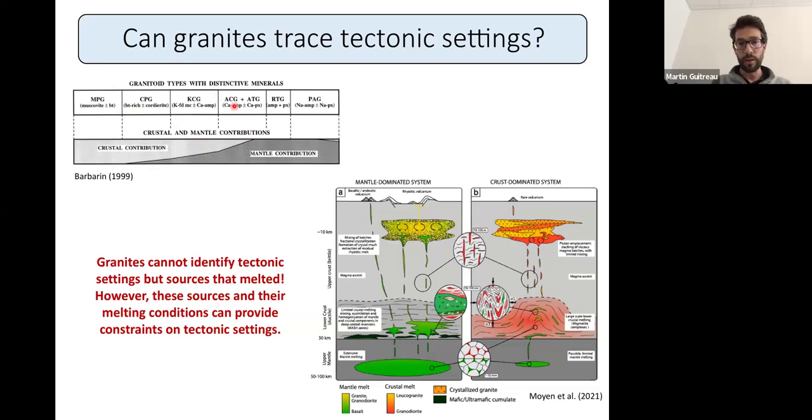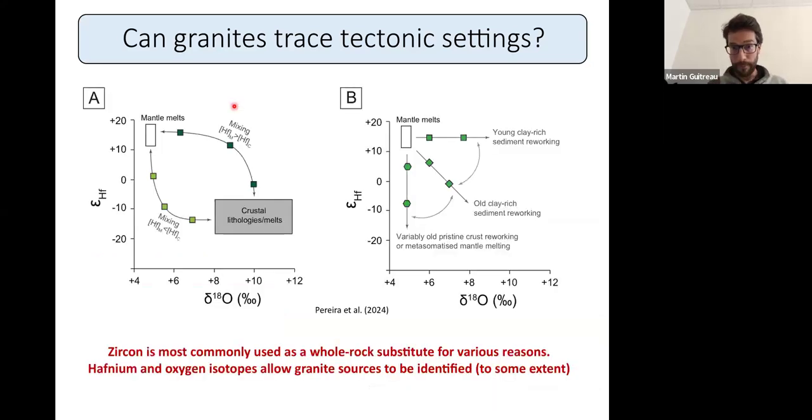And so this is what is usually done in the present day using zircon as a whole rock substitute, because, for various reasons, it's easier to measure, and also because hafnium and oxygen in zircon can be preserved more readily than at whole rock scale. And so most of the time you will get mantle compositions and crustal compositions in terms of hafnium.